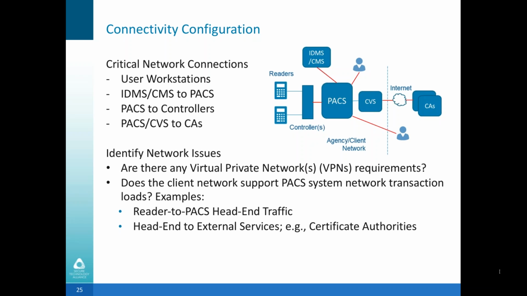The main concern for these interfaces is whether they are secure enough for their mission, and whether they provide the bandwidth to handle the various transactions that support things like PIV card validation and authentication, certificate validation, and cardholder validation. Next slide, please.